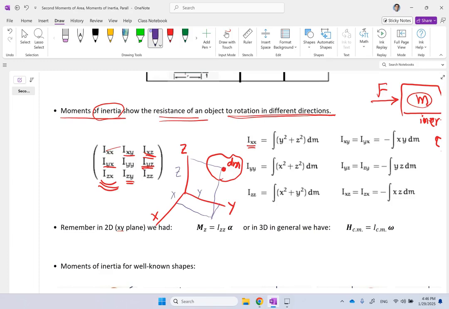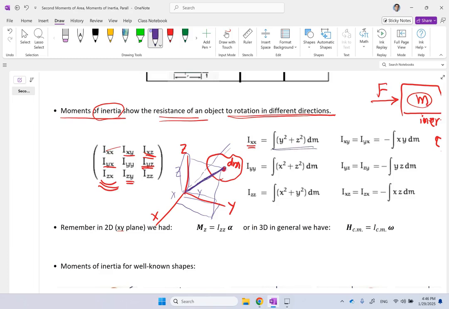So if I want the distance of this element to the x-axis squared, what should I square? I should square this y, and I should square this z, and add them together, which is going to be this distance. This distance is the distance of the element to the x-axis. If I square that distance and multiply it by the mass of the element, not the area of the element, that is going to be Ixx.